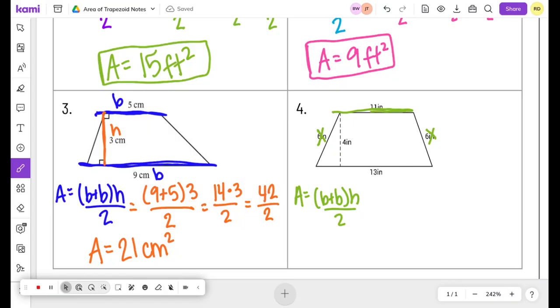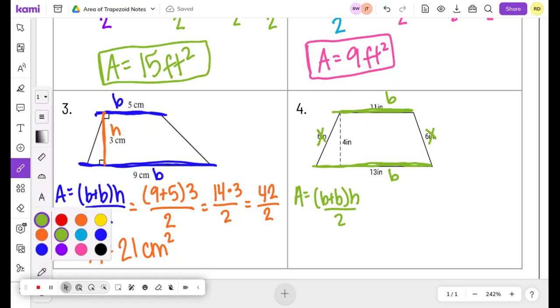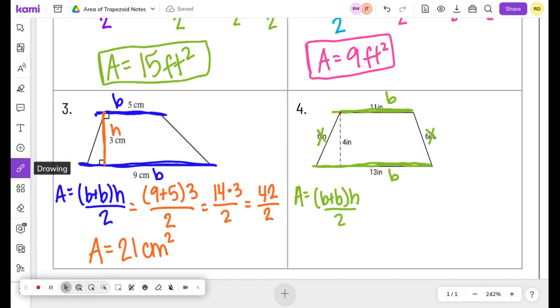Your bases are the 2 lines that are parallel. So in this example, that is 11 and 13. And then our height is the straight line or the perpendicular line that separates them. So that's the 4. So we have 11 plus 13 times 4 divided by 2.